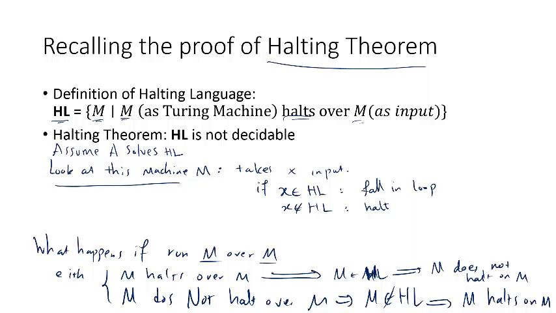I want to tell you how we run the code of A inside M. What is the theorem that lets us do this? We had a theorem in this class that if you have a Turing machine, another Turing machine can run it, and we call it the universal Turing machine. So at this step, I'm being not precise.